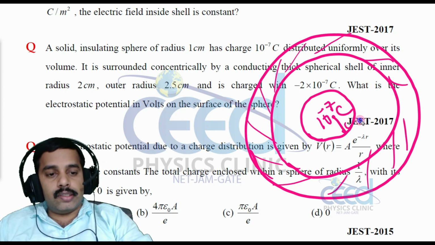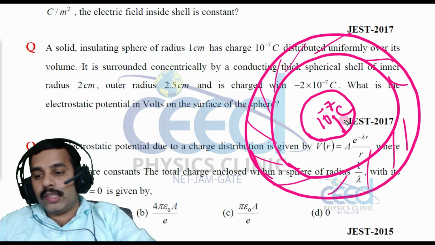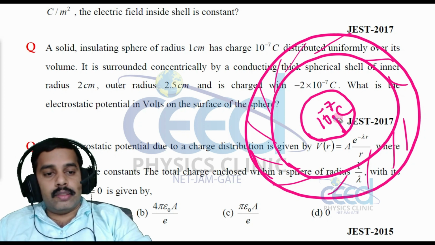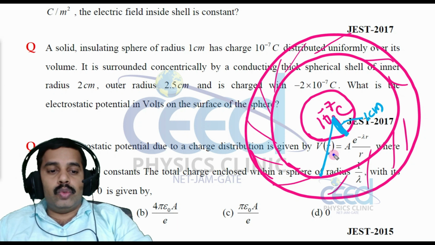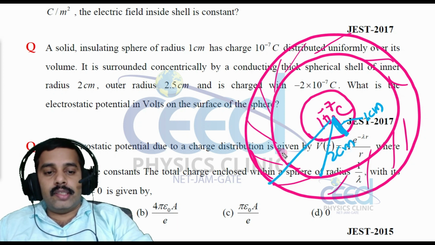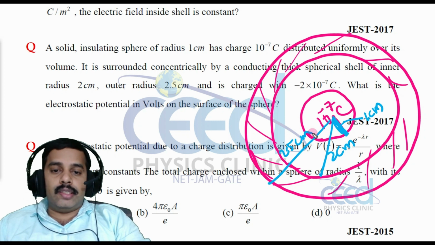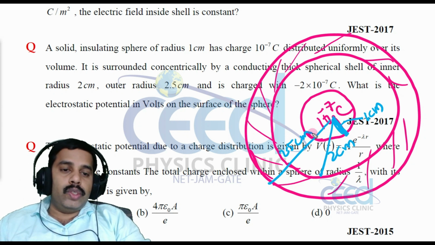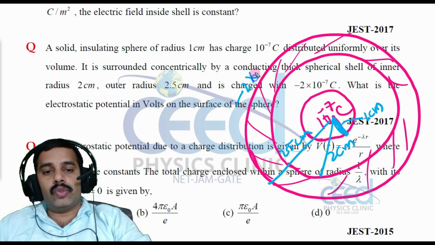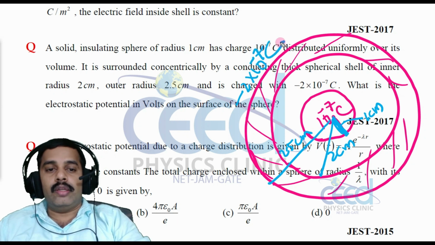This radius is 1 centimeter, this radius is 2 centimeter, and this radius is 2.5 centimeter. That is given, and the shell has a charge of minus 2 into 10 raised to minus 7 coulomb.